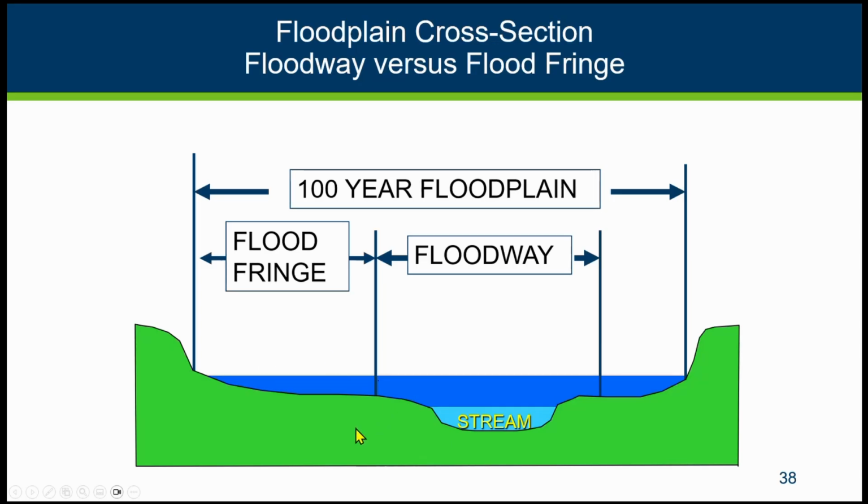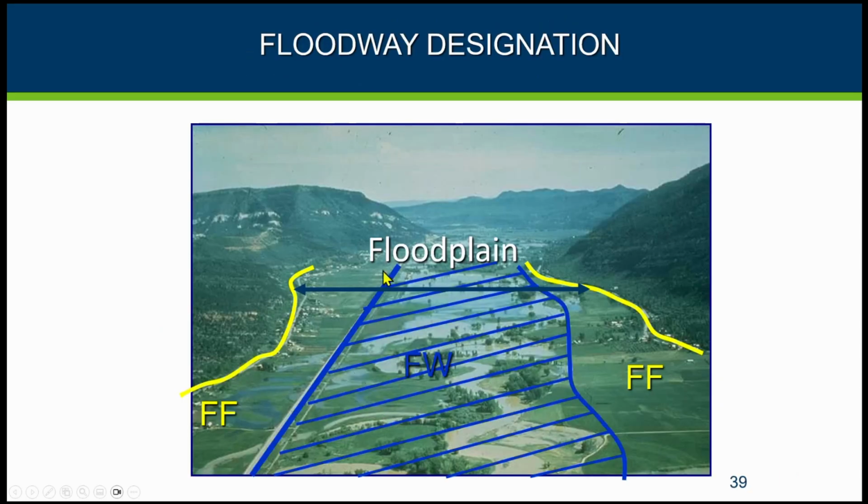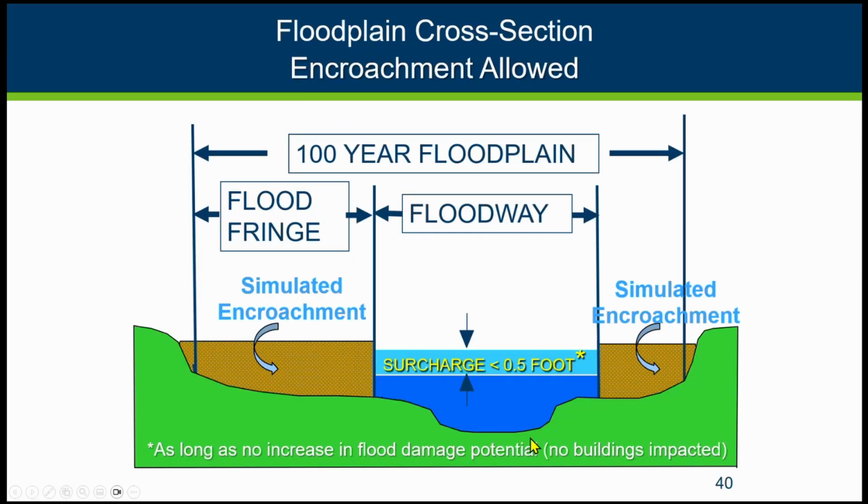And they calculate that by looking at, again, where is that stream, where's the main area we need the flows to go. And they simulate that it's all filled in the flood fringe.